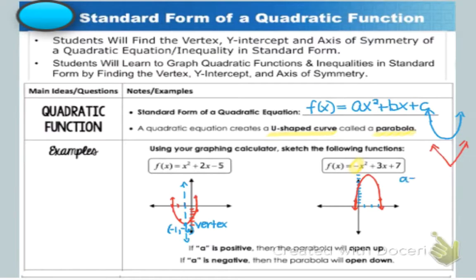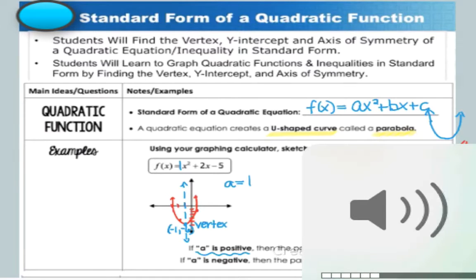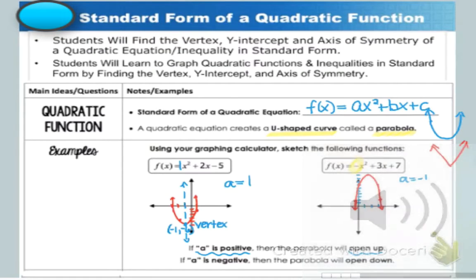So the a was -1 in this one, and over here where the parabola opened up, the a turned out to be 1. And it turns out that anytime your a is positive, the parabola will always open upward. And anytime the a is negative, the parabola will open downward.